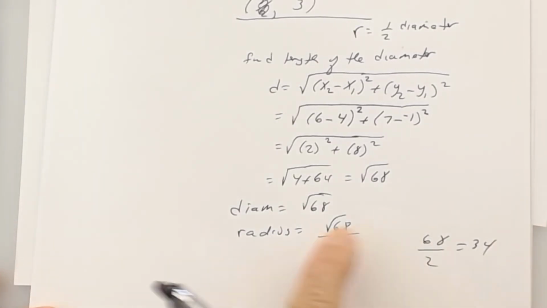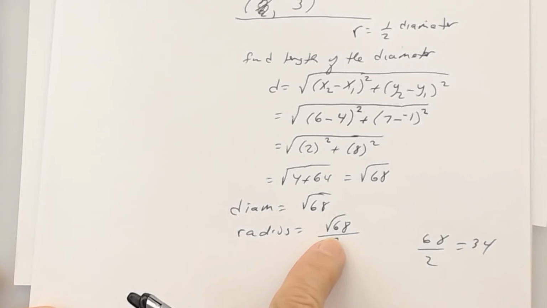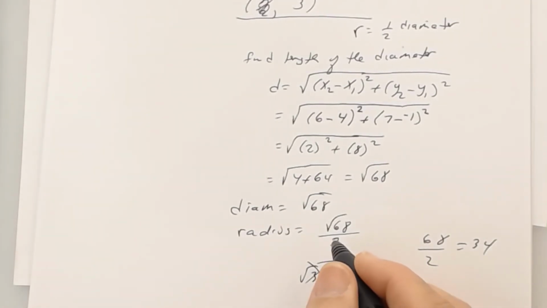Is this 68 the same as this numerator? No. This is 68. This is square root of 68. Those are not the same number. So don't make a mistake and say that's the square root of 34. Don't make that mistake. All right. Okay, so that's your radius, right?